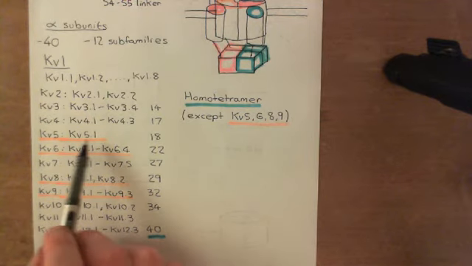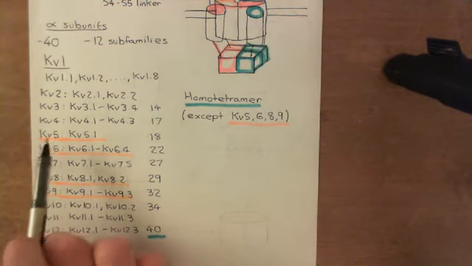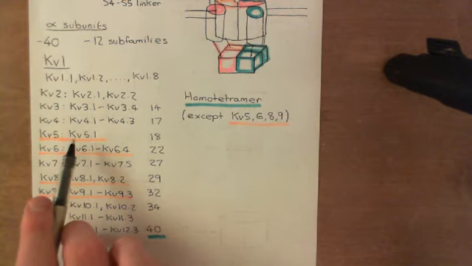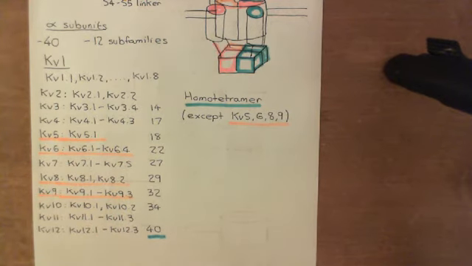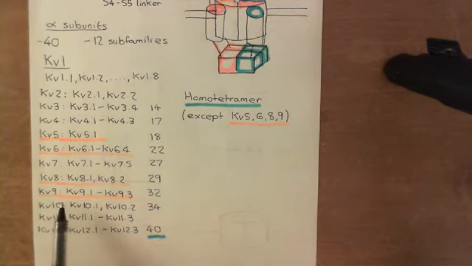If this was capable of forming homotetramers, you would expect that when you put in the gene for Kv5.1, you would end up with Kv5.1 homotetramers, i.e. voltage-gated potassium channels constructed from 4 of these. You do not find that. That's what I mean by these do not homotetramerize. When you do this experiment using genetically engineered cells, you don't find functional voltage-gated potassium channels produced for any of the genes in these 4 families.